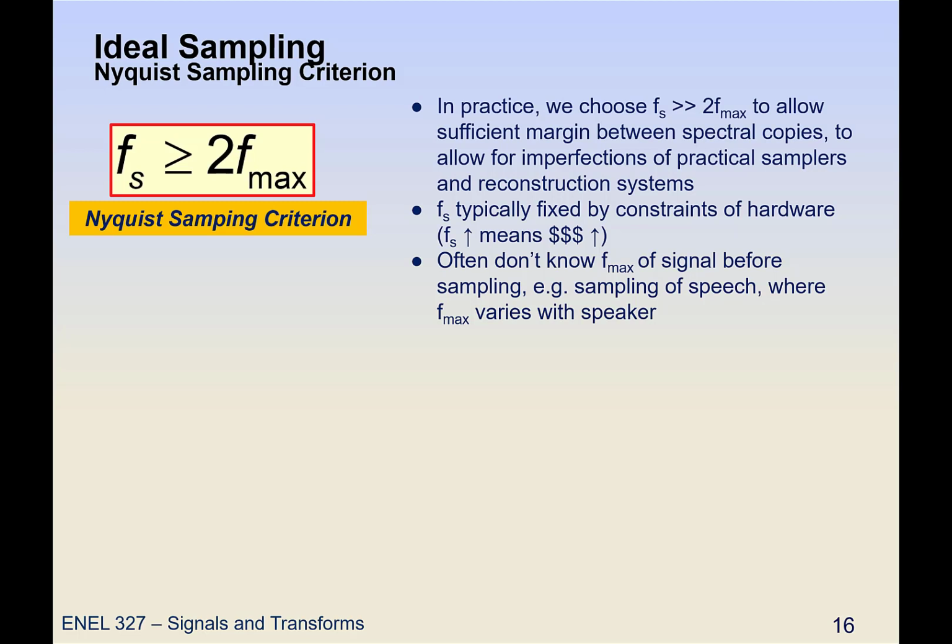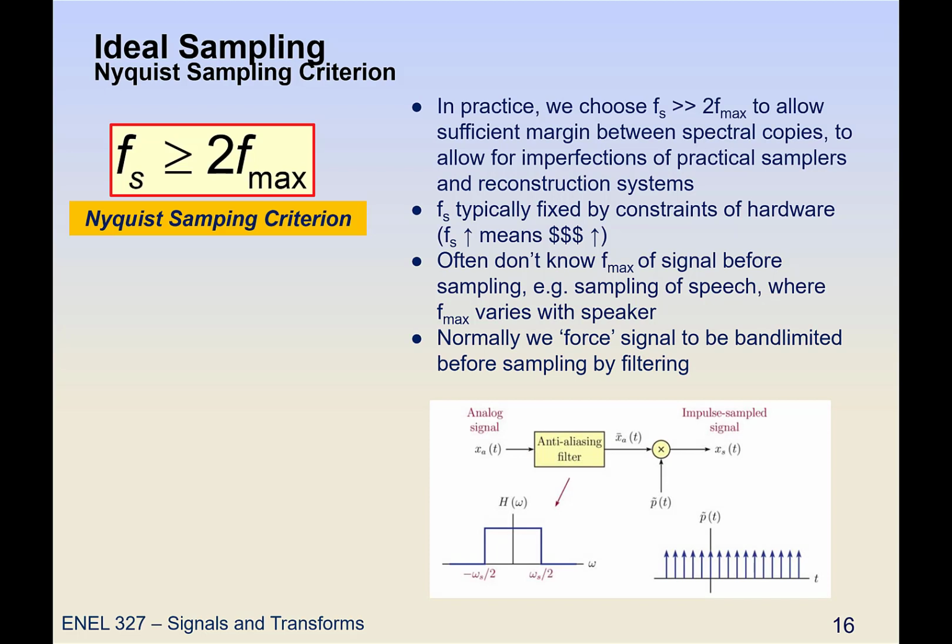For example, if we were sampling speech, the highest frequency component of someone's speech actually depends on who the speaker is. Somebody with a high-pitched voice has higher frequency content. Somebody with a really bass or low-pitched voice has lower frequency content. Therefore, it's easier to sample. So usually we just say, well, what's the extreme? That's going to be what we design our system for.